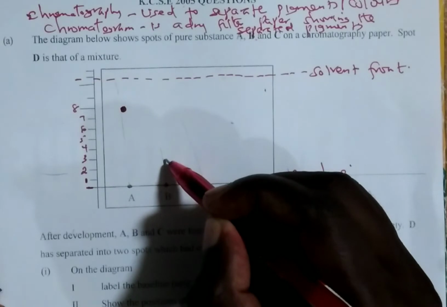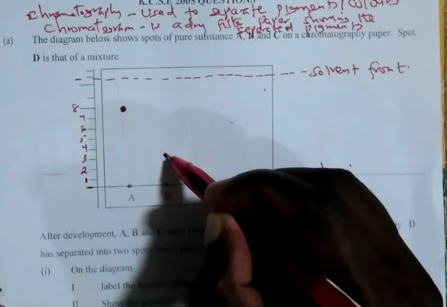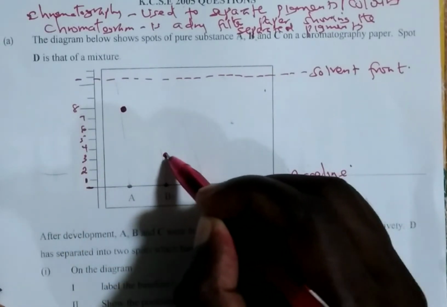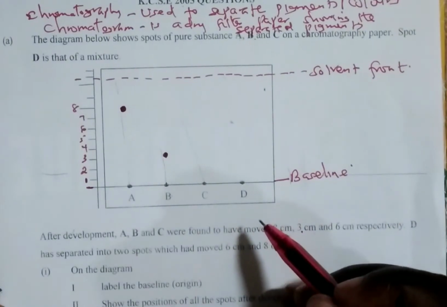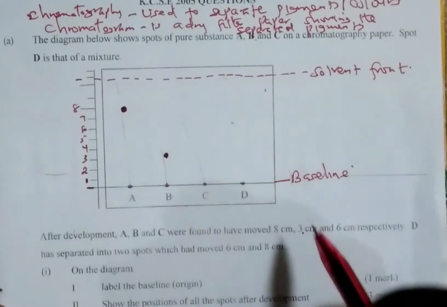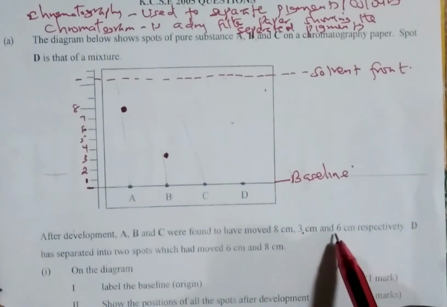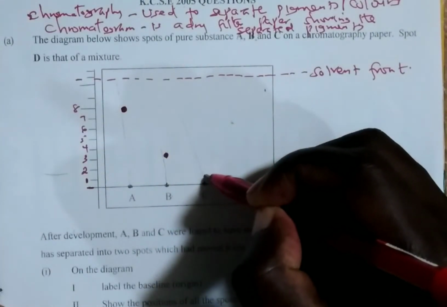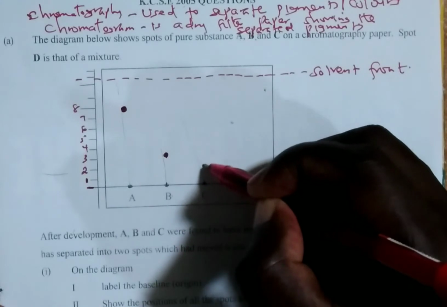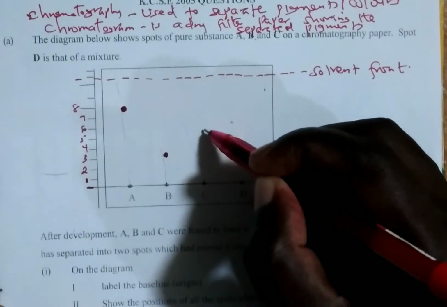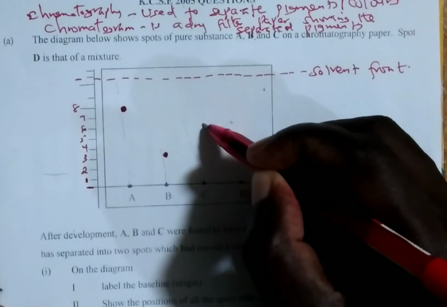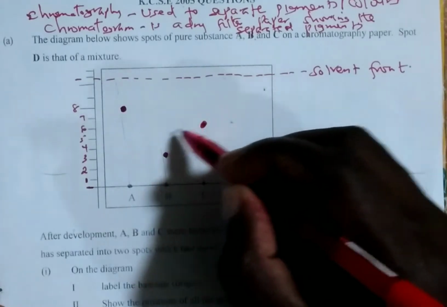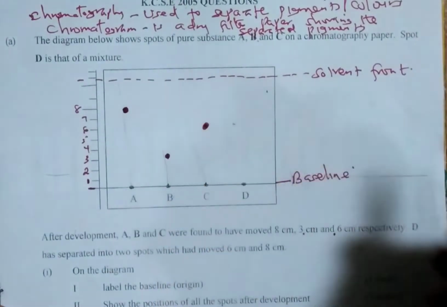So 3 centimeters is this point, you can see. Then we have C that moved 6 centimeters. This is our C. We move along this chromatograph paper to where we have 6. You can see 6 at this far end.